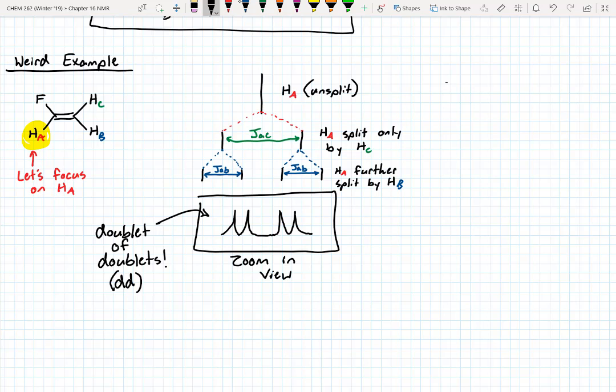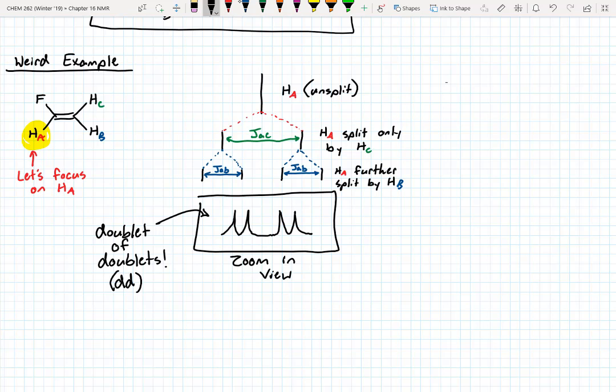Yeah? If we have neighboring hydrogens that are different, like HC and HB, will we always see a doublet of whatever? That's a good question. If you have 2 different types of neighboring protons, will you always observe this complicated splitting? Not always. It depends on the nature of those neighbors.